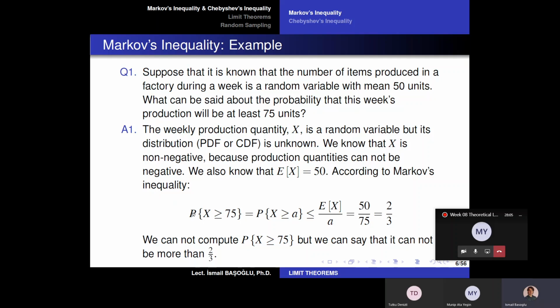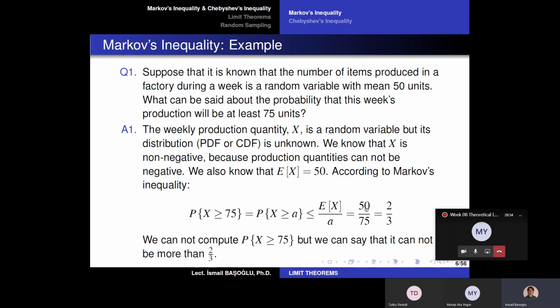Now, the question tells me this: what can you say about the probability of the next week's production being at least 75 units? So what can you say about the probability of x being greater than or equal to 75? Now, I know that the tail probability of a non-negative random variable can never be greater than the expected value of x divided by a.